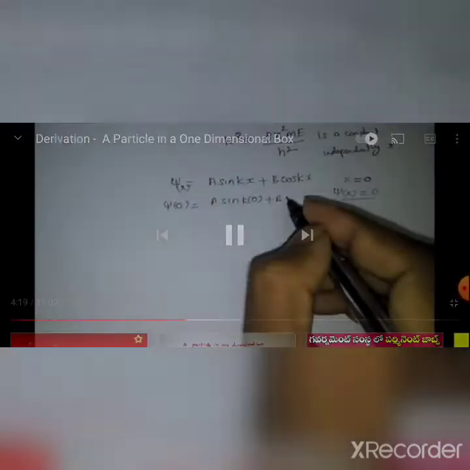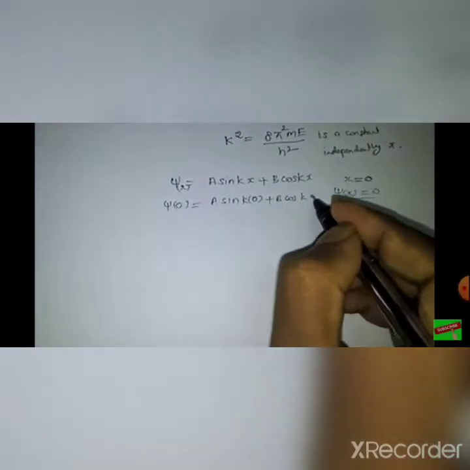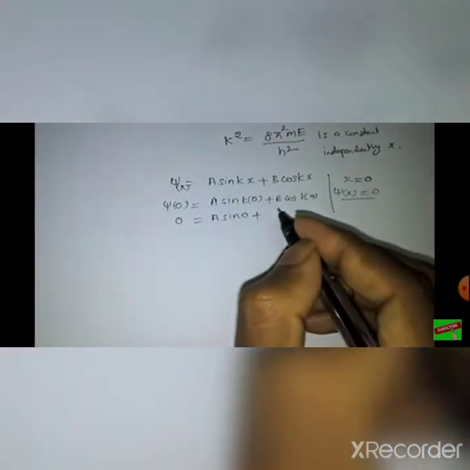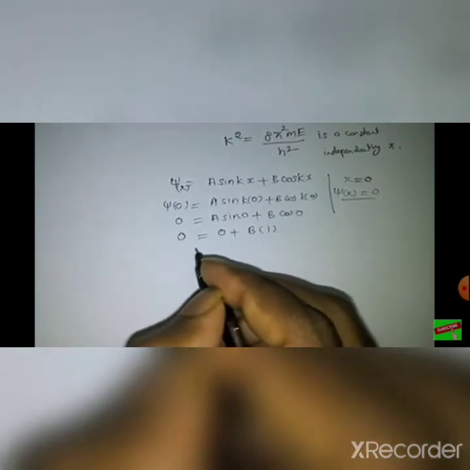The wave function psi with respect to one dimension is a sin kx plus b cos kx. If we apply the first condition x equal to 0, then psi of 0 is equal to a sin 0 plus b cos 0, and we get b equal to 0.